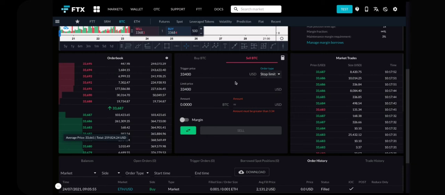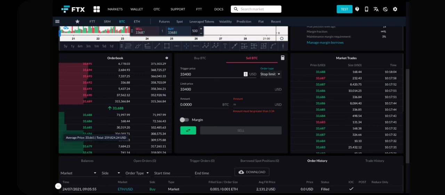Then you could use a stop limit, which is the same idea as the stop market, but it just means you can set a limit order. So it means that you become the other side of the trade. Instead of just triggering and taking a market order, it would trigger and allow you to place a limit order.